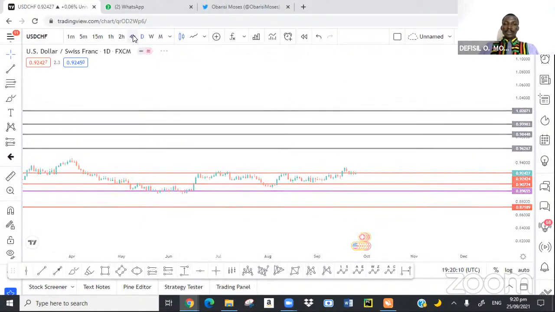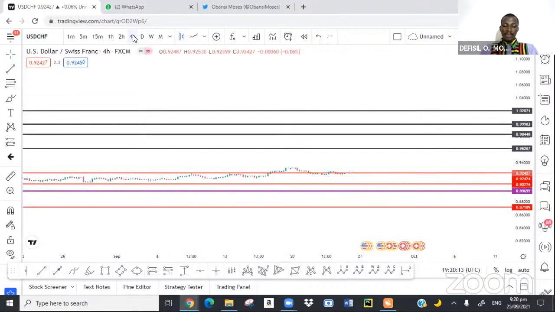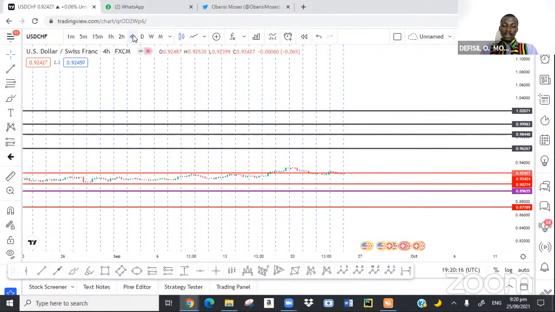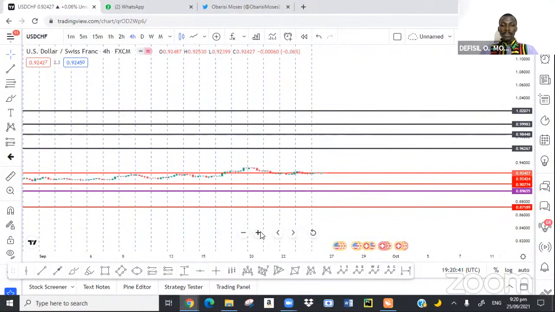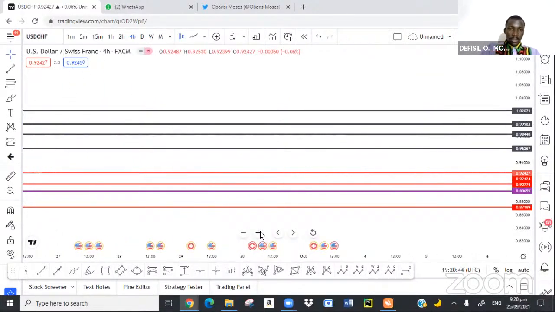Then let's look at the 4-hour time frame for people that work with the 4-hour. On the 4-hour, it's almost the same thing as on the daily.